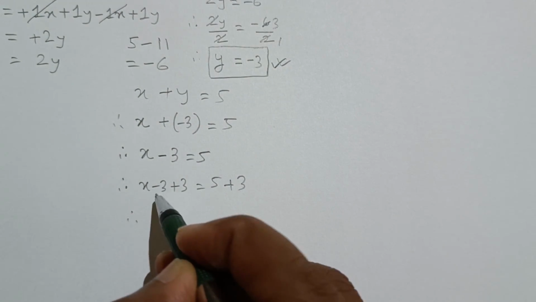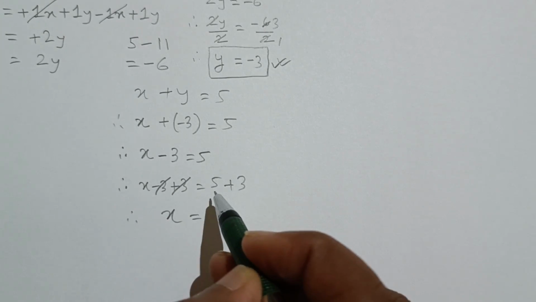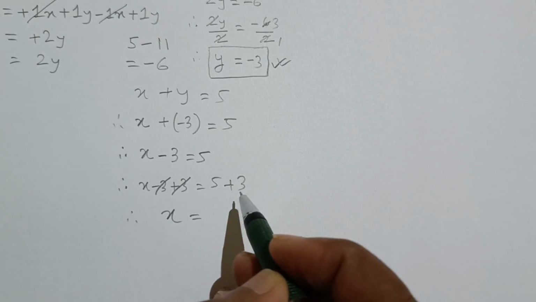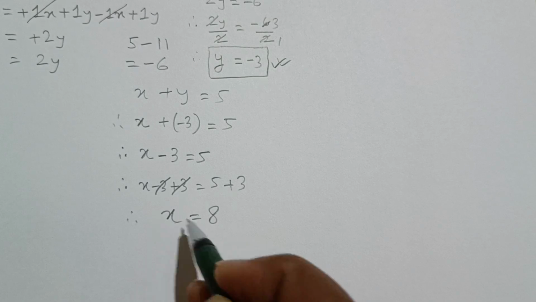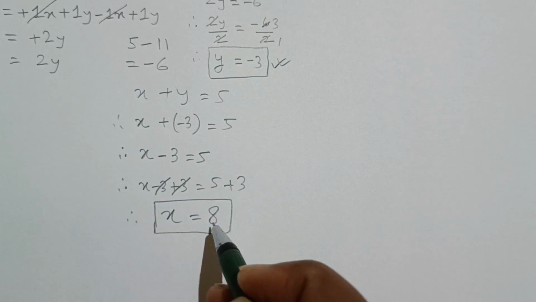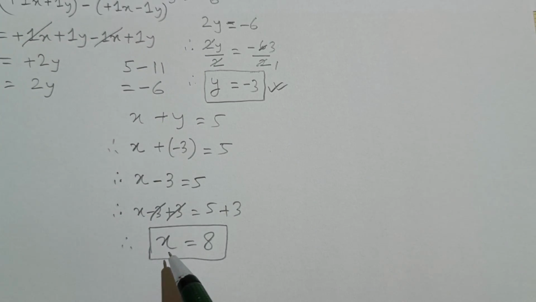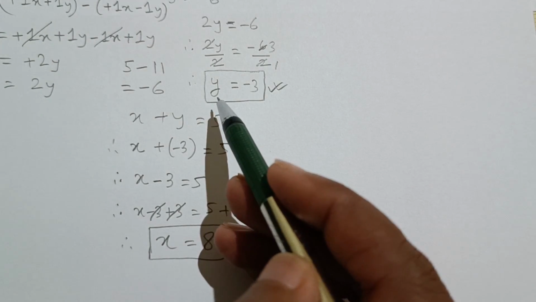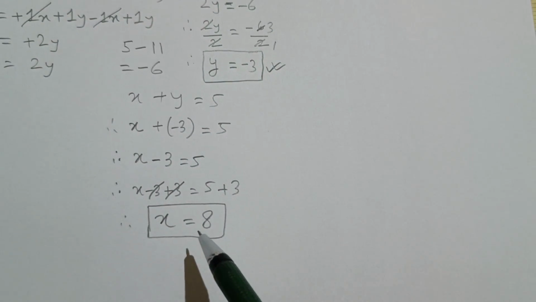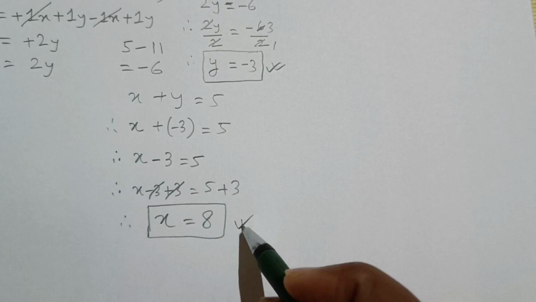Minus 3 plus 3 will cancel, so I am left with x. On the right hand side it is 5 plus 3, which is 8. So x equals 8. The value of the variable x is 8. So I have found out the value of x and y. The value of x is 8 and the value of y is minus 3.